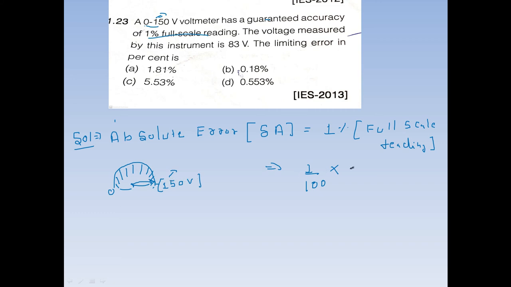So 1 by 100 multiplied by 150. 150 is our full scale reading from this voltmeter, starting from 0 with the final value being 150 volt. Now if you cancel out these terms, what do you get? 5 threes are 15, 5 twos are 10, that is 3 by 2.